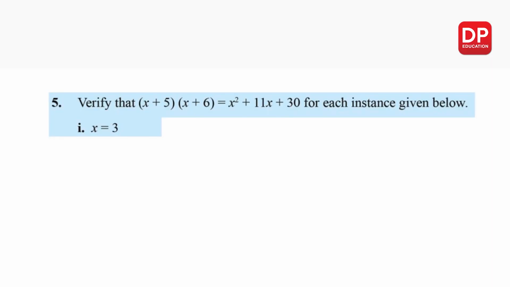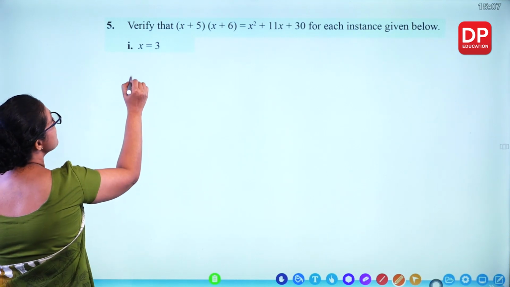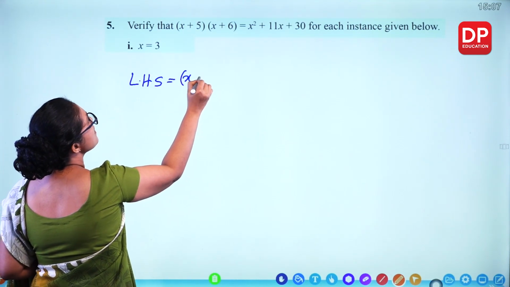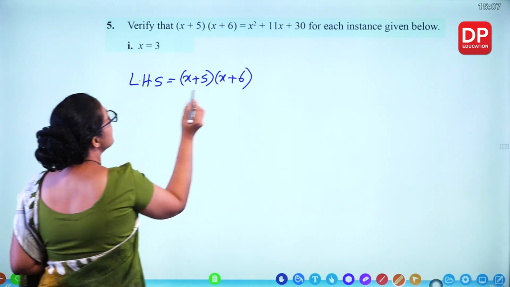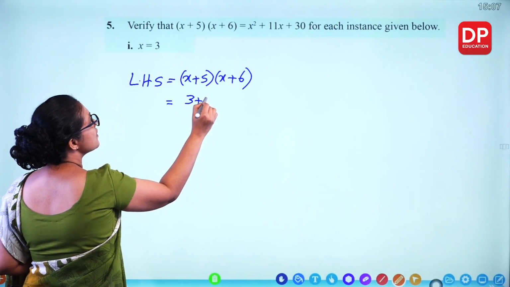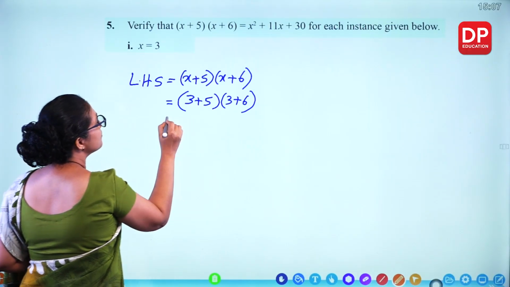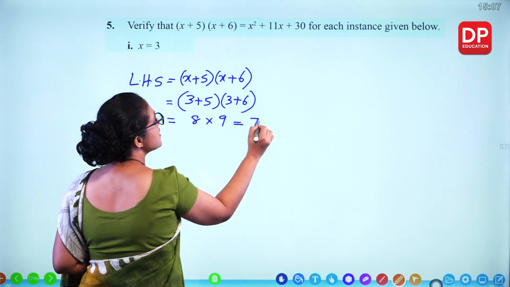Verify that x plus 5 into x plus 6 is this one for each instance given below. So first part is x equals 3. Take left hand side. x plus 5, x plus 6. So substitute x equals 3. 3 plus 5, 3 plus 6. 8 and 9. 9 times 8, 72.